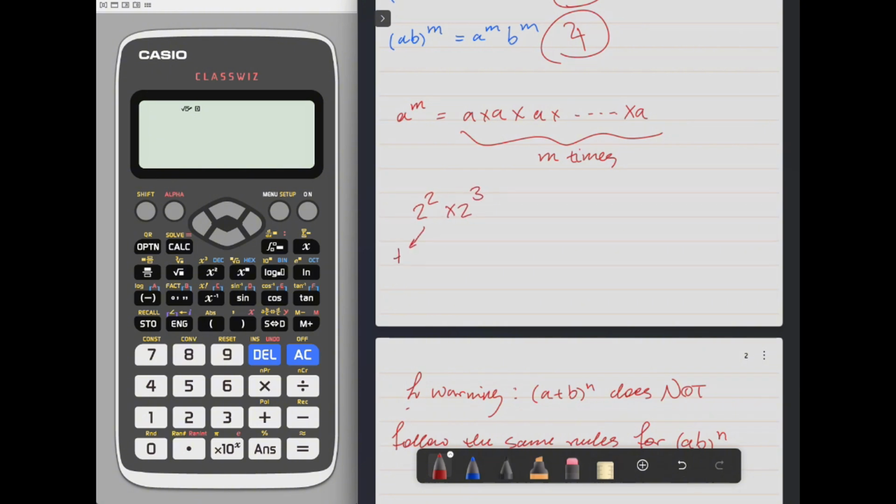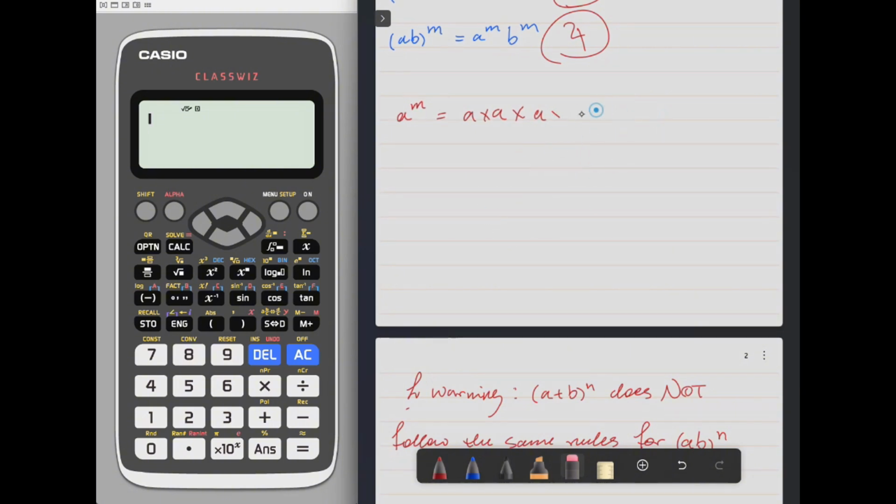We know that this is 4, we know that this is 8. 4 times 8 is equal to 32. However, with our laws of indices, we know that this is 2 to the power of 5, which is also 32. So, this is how it applies to the examples and to the numbers.